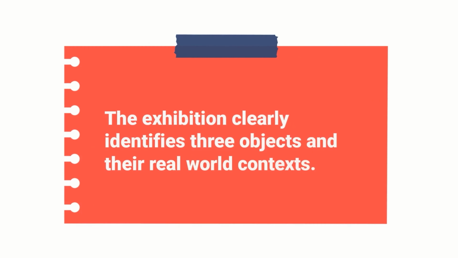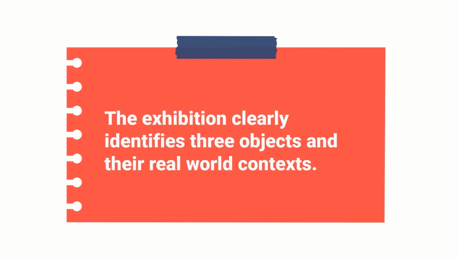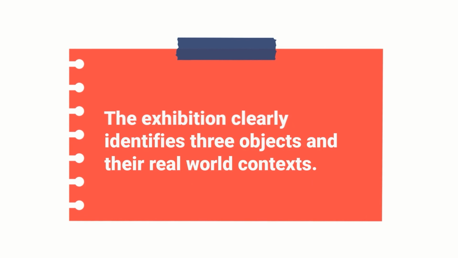Let me look at the TOK exhibition marking criteria, level 5. What does it say? As you can see there on the screen, it states like this: the exhibition clearly identifies 3 objects and their real world context. So you see the object here, the Maasai necklace, has a real world context.